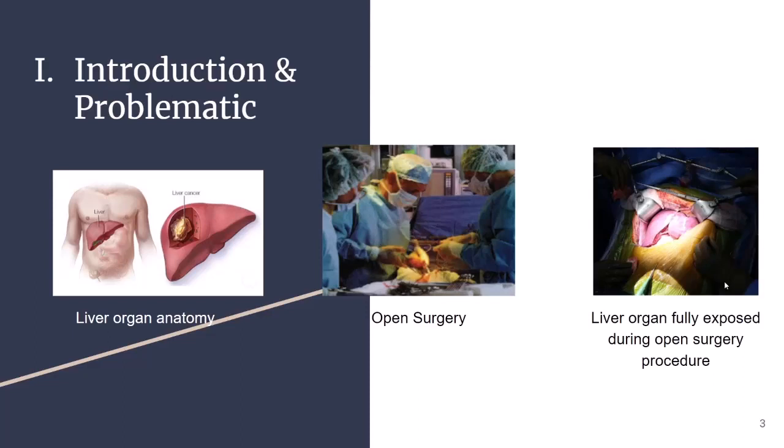For example, we can see on the right a fully exposed liver that is being operated on. The liver is an organ that is easier to operate on because when fully exposed, the surgeon can access the full organ and operate on it.